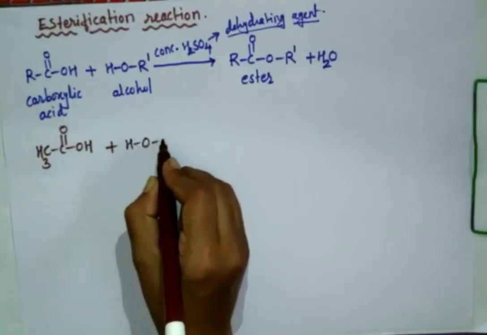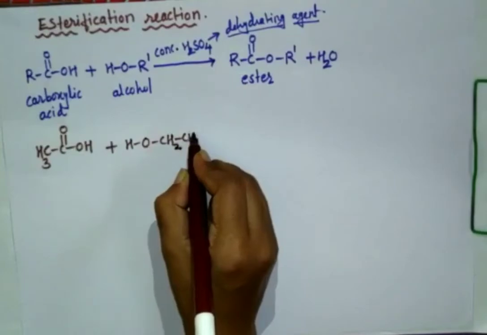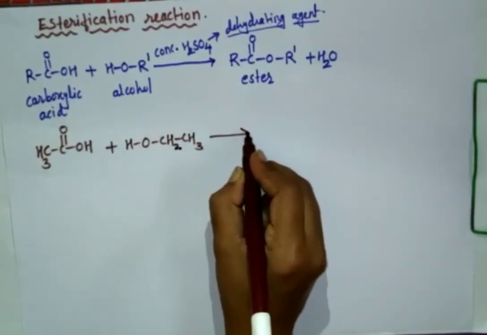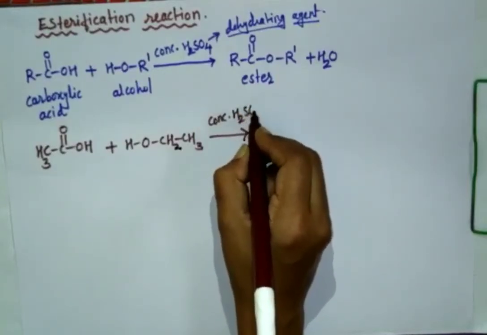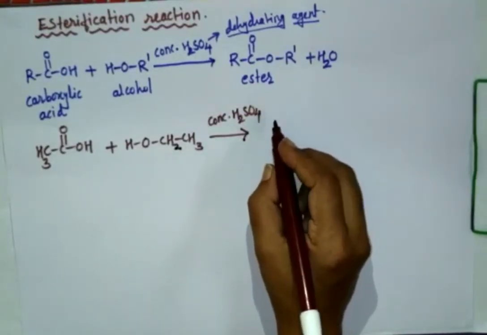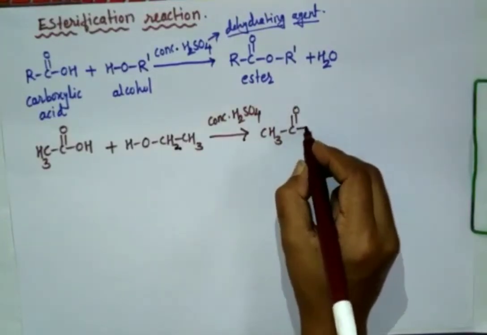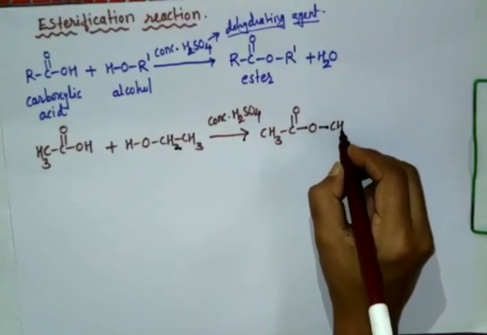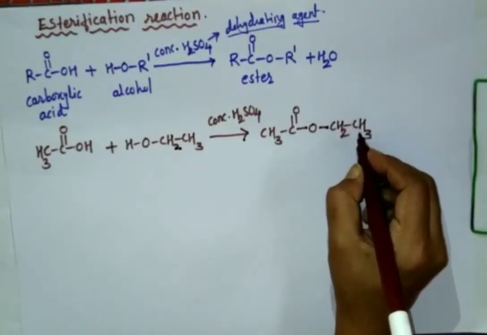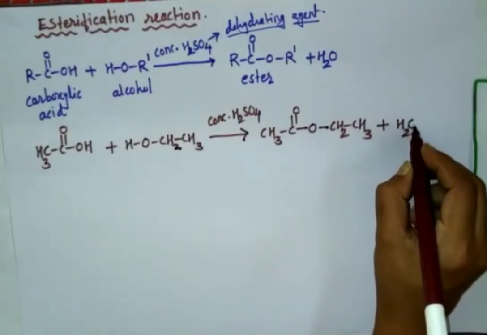When it reacts with ethanol, in the presence of this dehydrating agent, concentrated H2SO4, it will form CH3C double bond O, this O as it is here, and the ethyl group will attach to this with the loss of a water molecule.